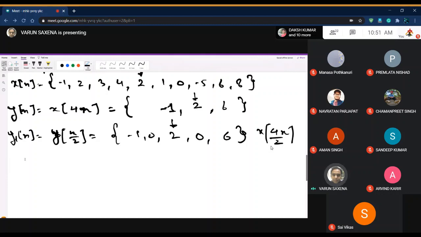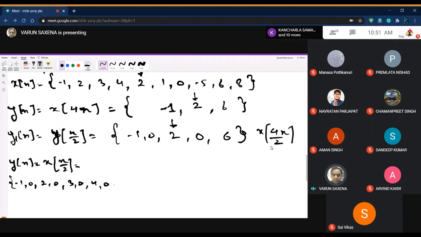Now the sequence is going to be big. So let's say that now I evaluate, instead of 4n, I evaluate n/2. So what will that sequence be? That sequence is going to be -1, 0, 2, 0, 3, 0, 4, 0, 2, 0, 1, 0, 0, 0, -5, 0, 6, 0, 8.